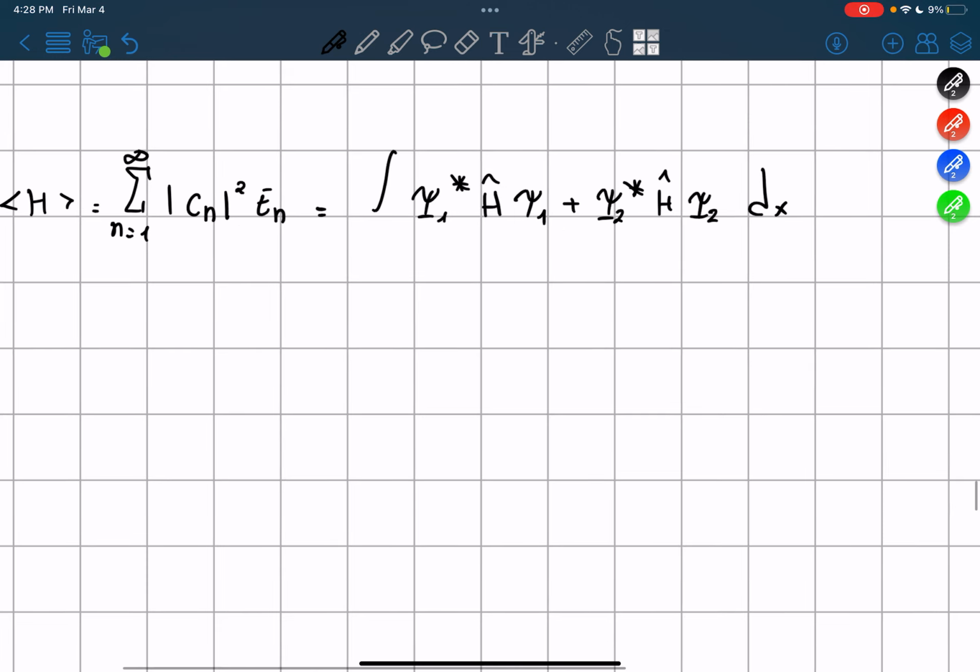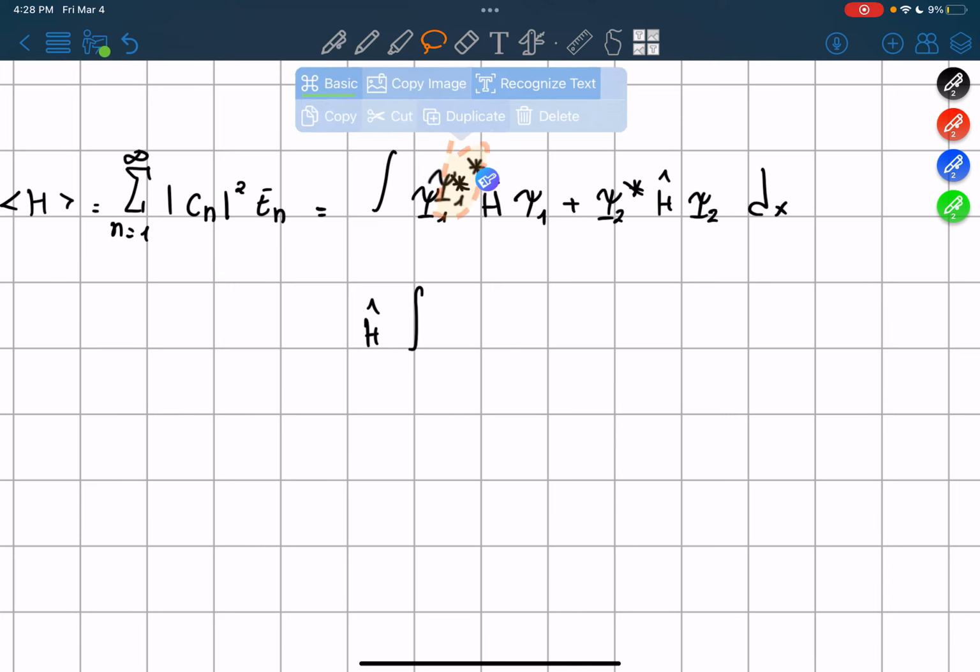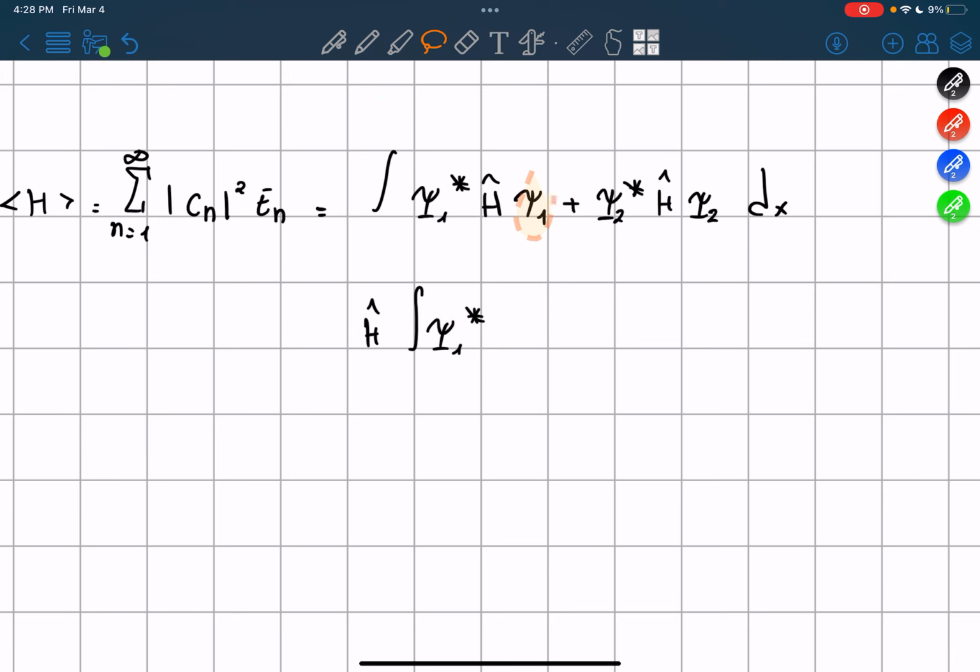So we can take the capital H out, and this part remains the same times this part.